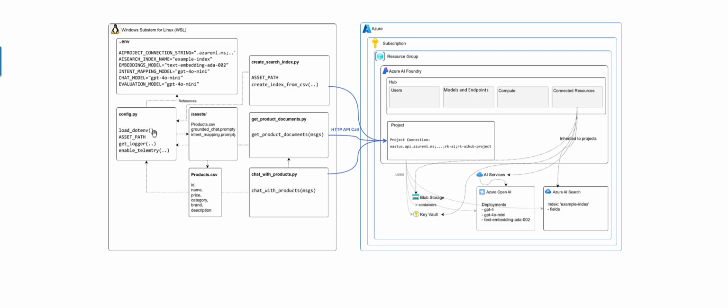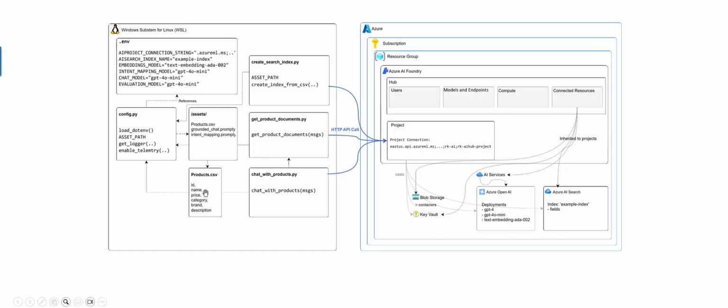Next, we have config.py, which is just using helper functions, loading the environment variables, and then an asset path to point to data assets. So these get centrally used across the Python scripts right here.